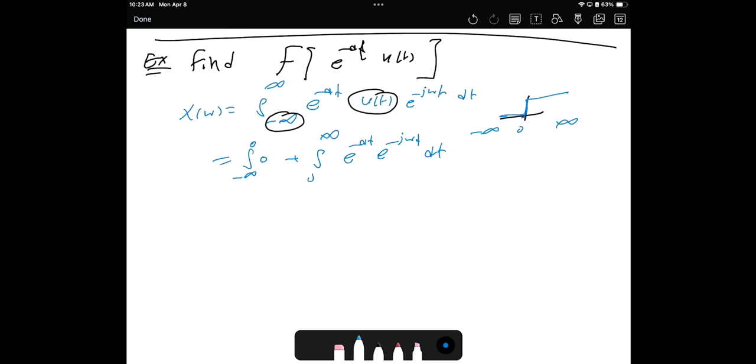After that, since it's a function of time, we integrate from 0 to infinity. Take e and t as a factor: e to the power negative (a plus j omega) t dt. Then the integral of the exponential will be 1 over what's inside the power of the exponential, which is a plus j omega, times the exponential itself, e to the power negative (a plus j omega) t, then substitute 0 and infinity.